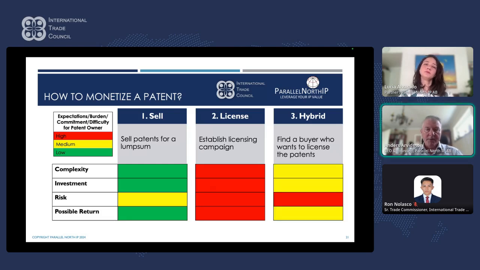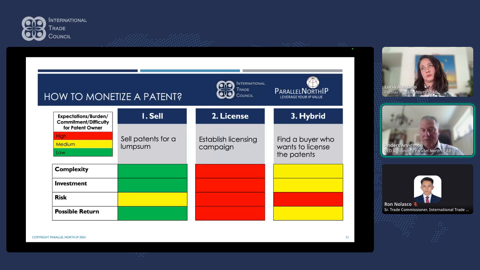The hybrid, for you as a patent owner, is less complex, but it still adds some complexity because you will perhaps get some money upfront. Sometimes you don't, and you don't know if the licensing entity that acquired the patents will be able to successfully find the right licensees. The investment, well, it's you giving away your patents.